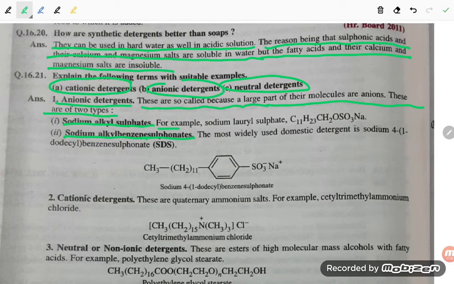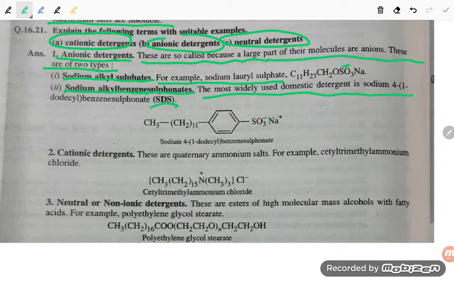For example, sodium lauryl sulfate. This will be the negative part, so this is the anion. SDS is there, sodium alkyl benzene sulfonate. The most widely used domestic detergent is sodium 4-(1-dodecyl) benzene sulfonate. So this is a negative one.